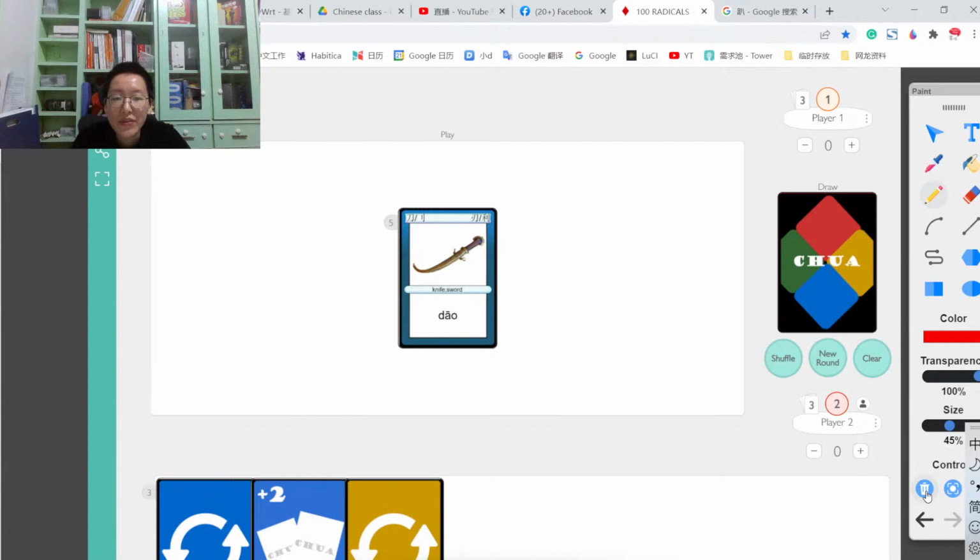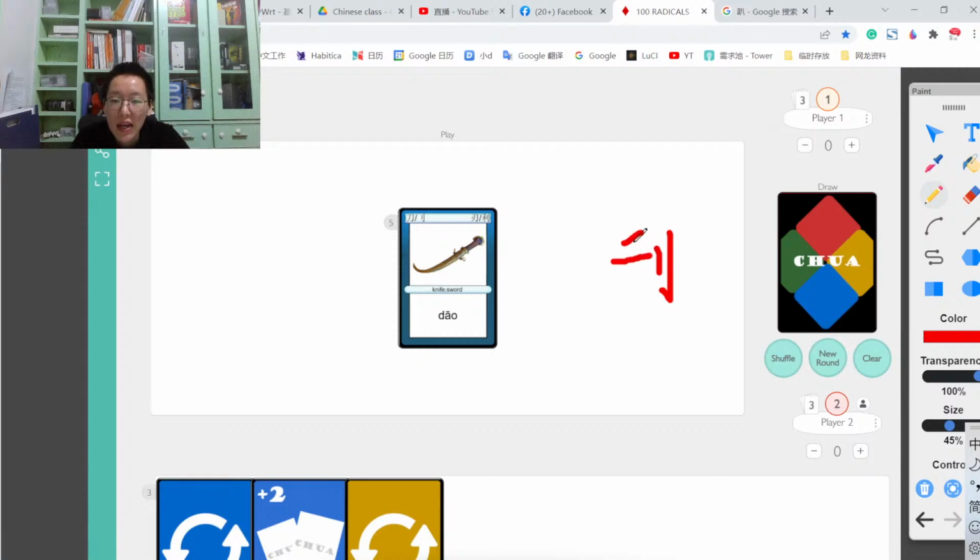Why are there two different forms? Actually, it's according to the needs of writing. For example, you will see this character uses the first form because this stroke is very small, so we can write this bigger. But this 刀 is usually put on the right side of a complete character.